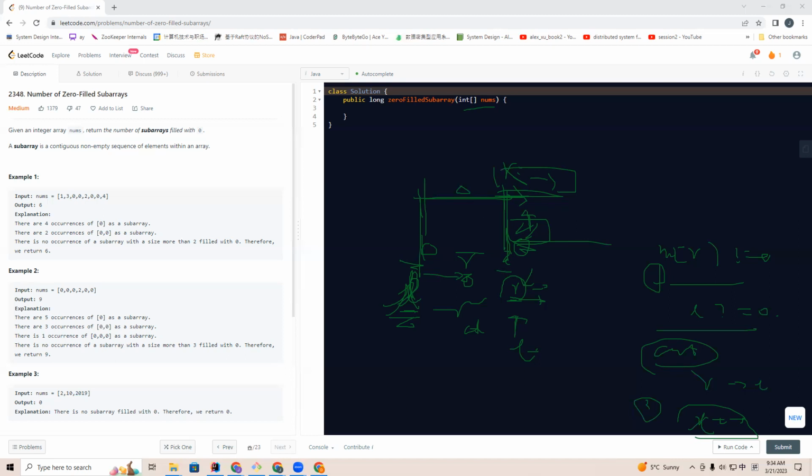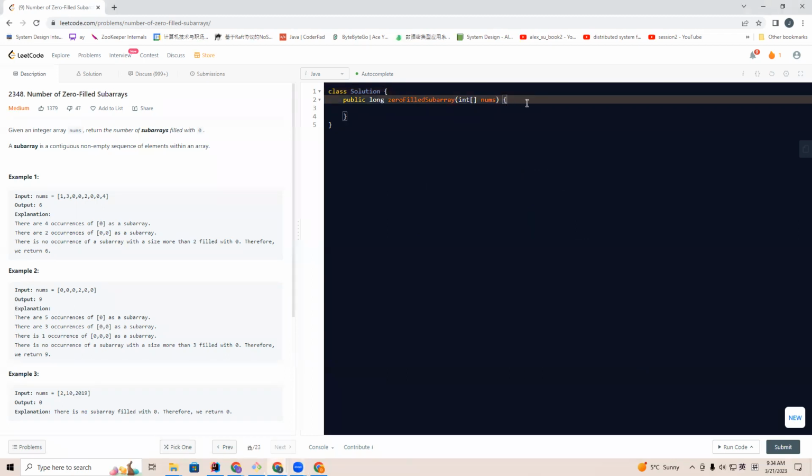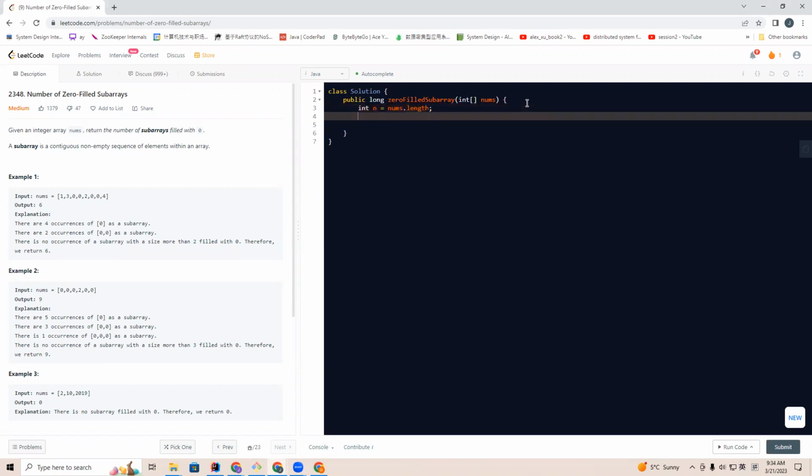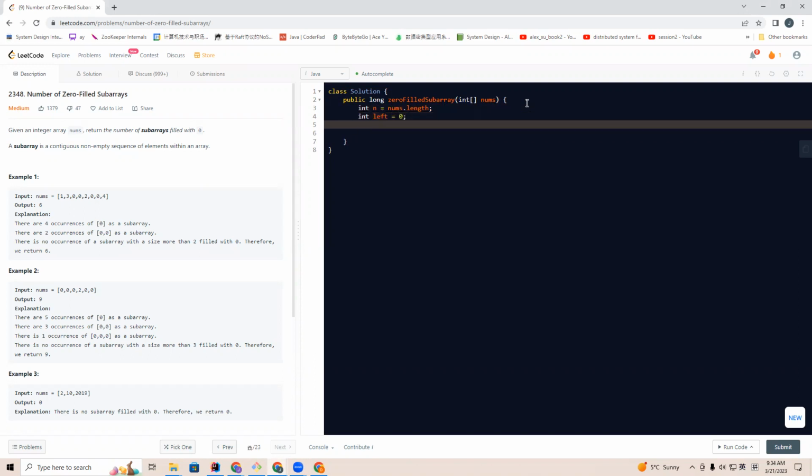So let's begin to write code for this. We'll have int n equals nums length, and let's have a left at index 0. We'll say this is long, long result equals 0.